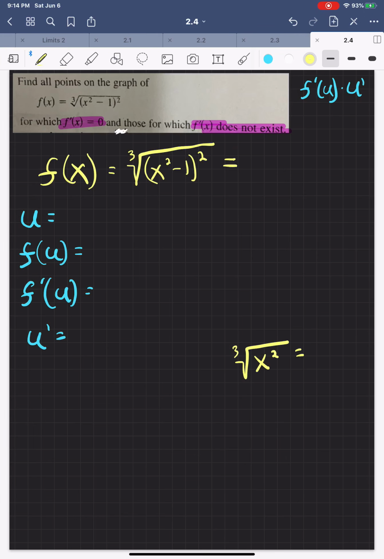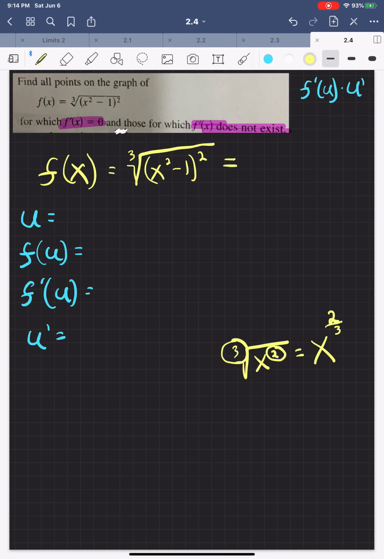Do you remember how you can rewrite that as a fractional exponent? Well, that would be x to the power of a fraction. The index is always in the denominator, and then this 2 would be here.